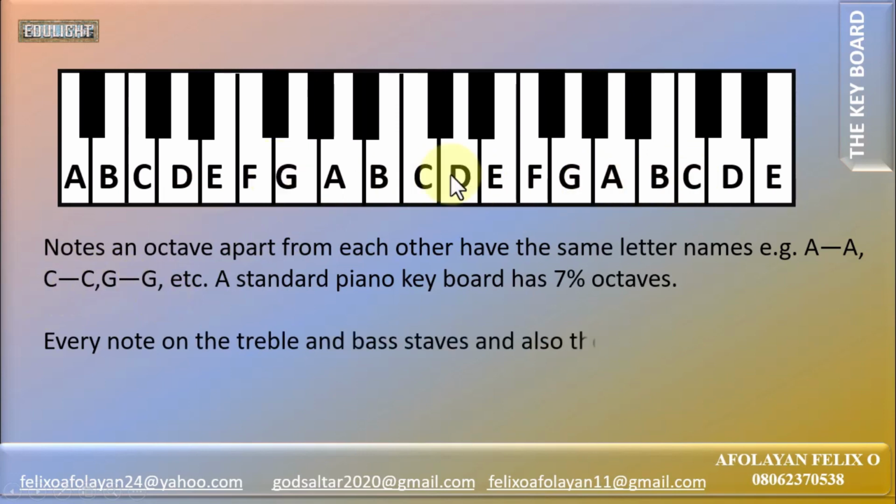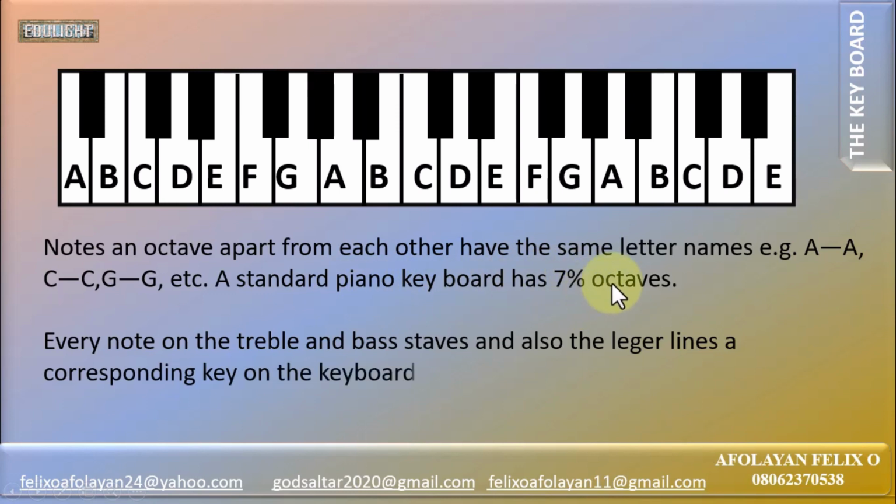This one, G to G, between this is an octave, etc. A standard piano keyboard has 7 and a quarter octaves. Every note on the treble and bass staff and also on the ledger lines has a corresponding key on the keyboard.